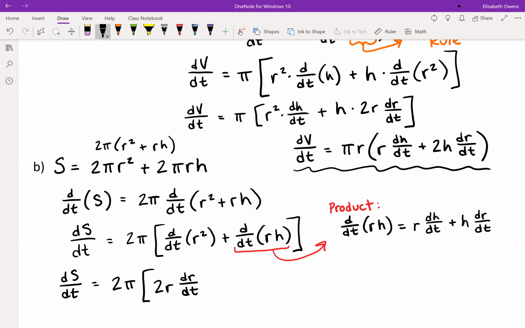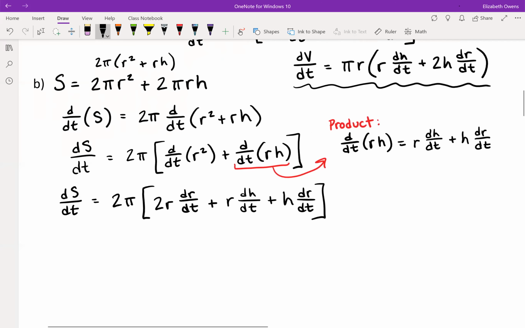Since they're just nice r to the first power, h to the first power, the product actually doesn't turn out too bad. So let's put that back in our expression over here. r dh dt plus h dr dt. And now at this stage, all the derivatives have been taken. So it's kind of at that stage of discretionary cleanup.